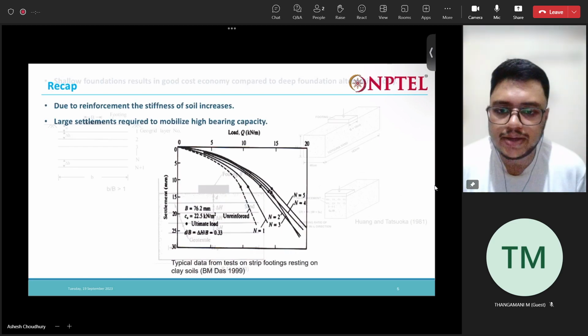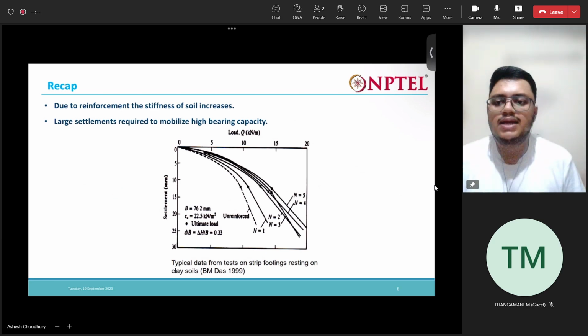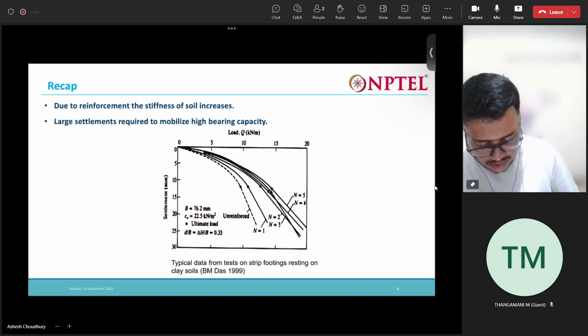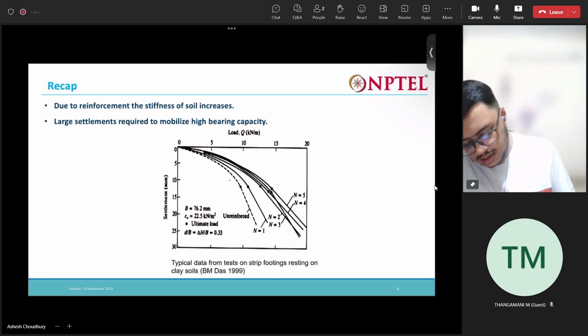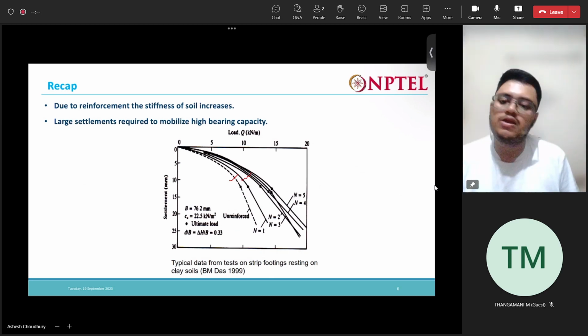Now, actually, what happens is if we see this graph, we can see the effect of the reinforcement. If we put reinforcement in the soil, the stiffness of the soil is actually increased. So this dotted line is for unreinforced soil, and all the other plots are for reinforced soil.